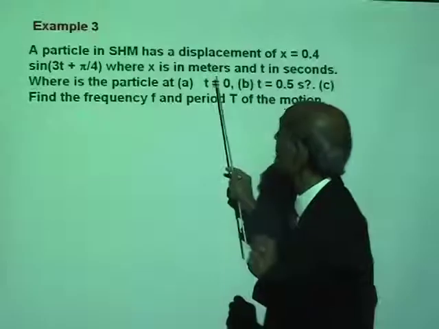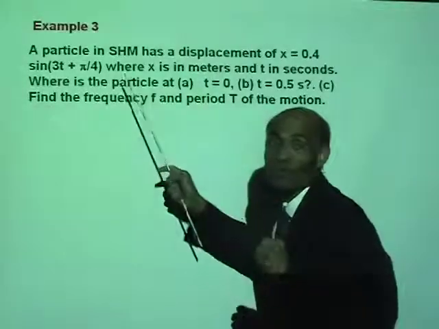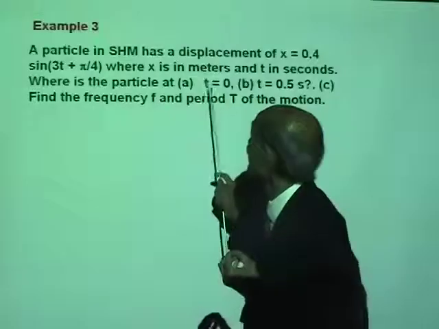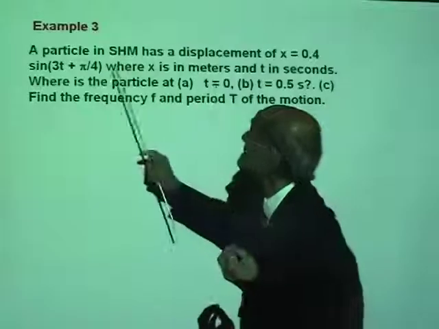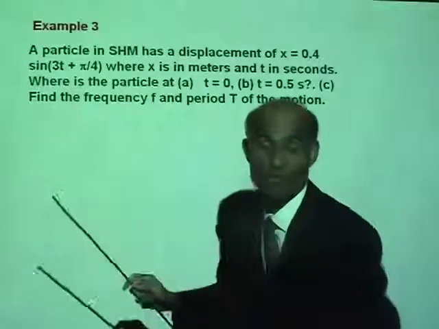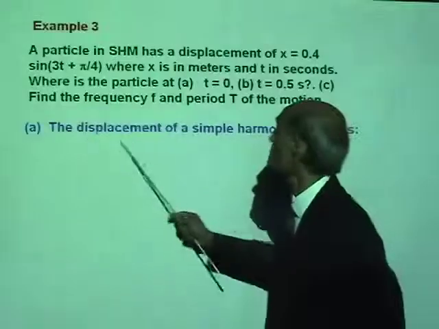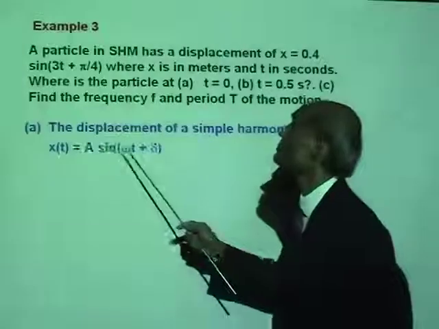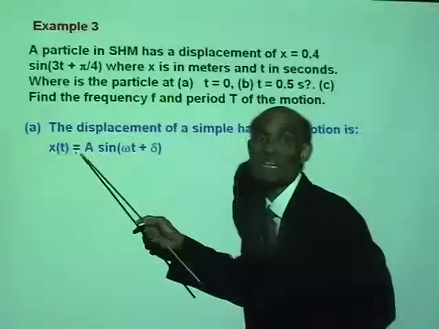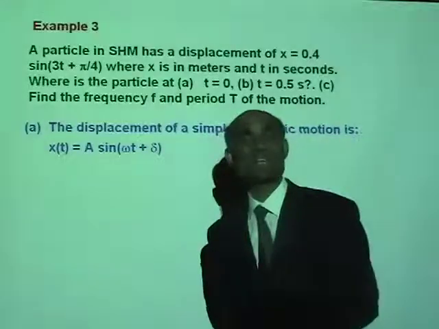So, if you want to find the position of the object, where is the particle? What is its position? All you need to do is set t equal to 0 in the equation and solve for x. Let's pick out the data here. The displacement of a simple harmonic motion is x of t equal to A sine (omega t plus delta).